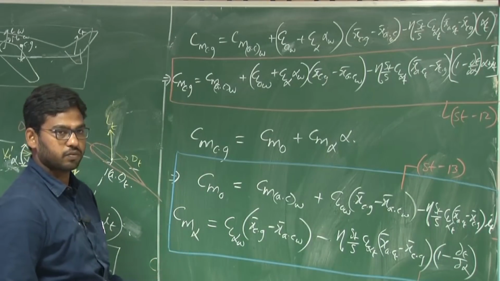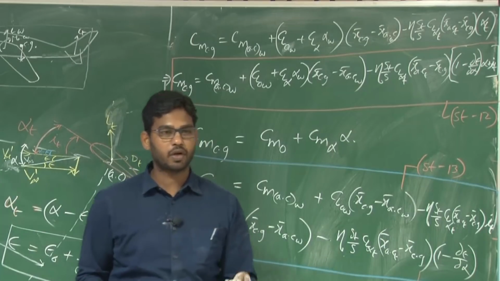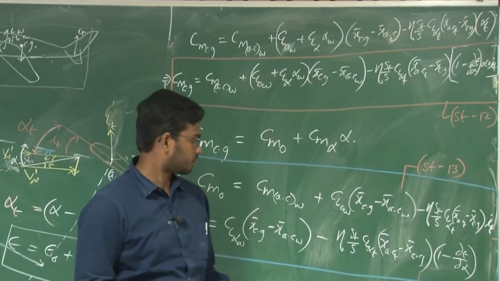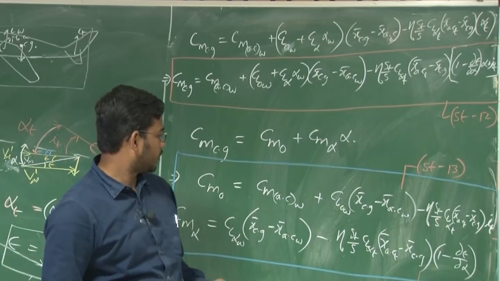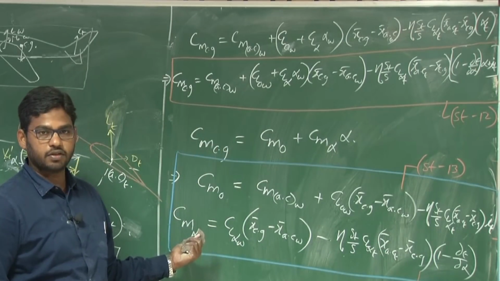The typical value of this tail efficiency factor is around 0.9 to 0.95, right.